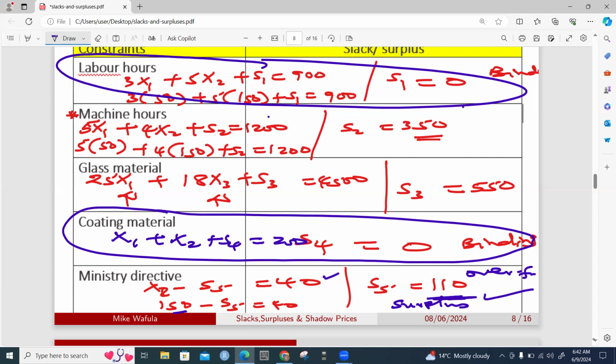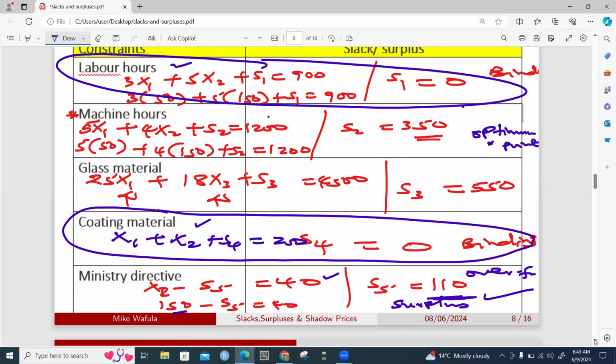And so if we plot all these constraints on a graph, we'll find that the constraint representing the coating material and the constraint representing the labor hours intersect. Where they intersect, that point is 50, 150, and it's actually the optimum point of this linear programming problem.